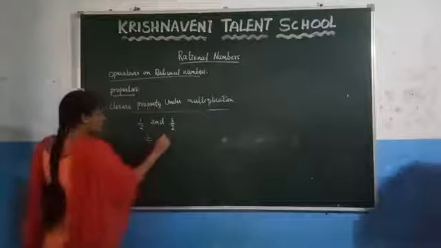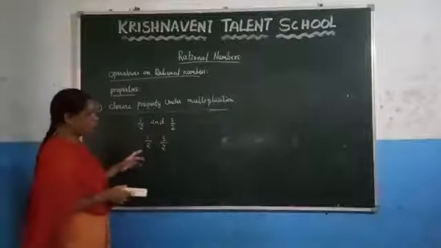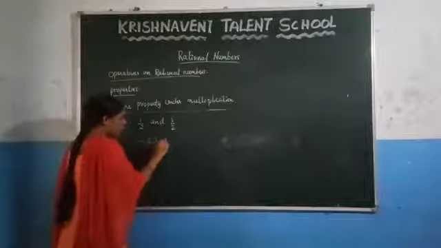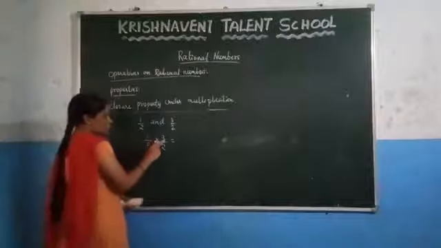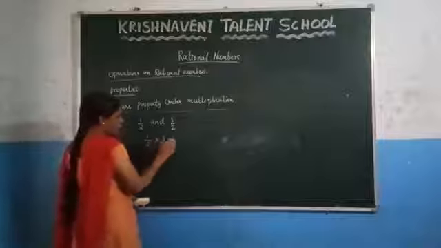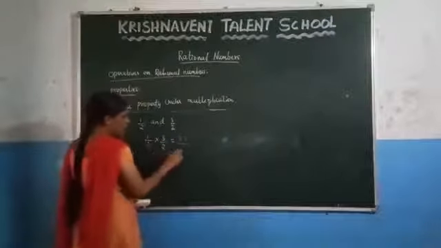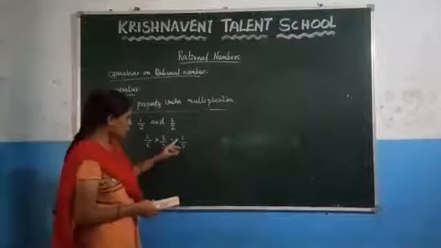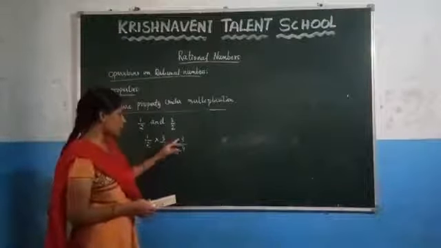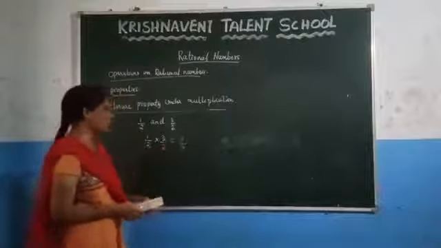Consider two rational numbers 1 by 2 and 3 by 2. How do you multiply them? You just multiply the numerators. 1 into 3 is 3, and you multiply the denominators, which is 2 into 2, which is 4. Since 3 and 4 are integers and the denominator is not equal to 0, we can say that 3 by 4 is a rational number.